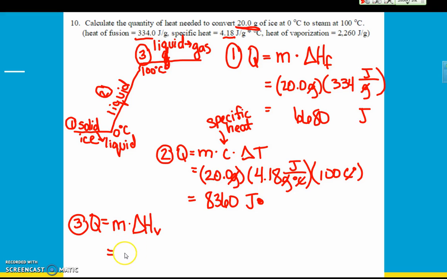So the mass is still 20 grams through the whole thing. The heat of vaporization is 2,260. And when I multiply those, I got 45,200 joules.